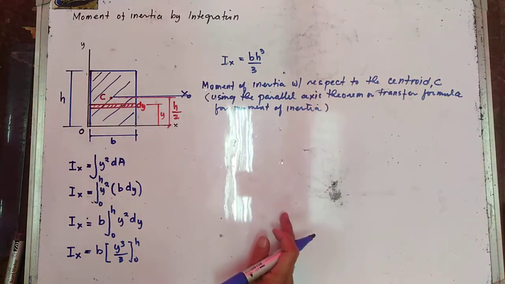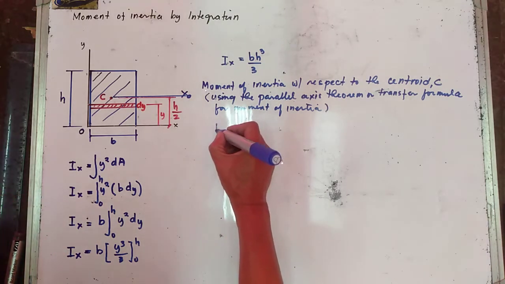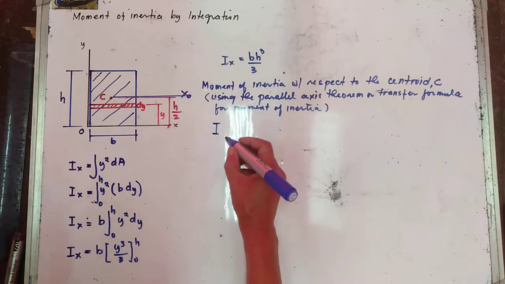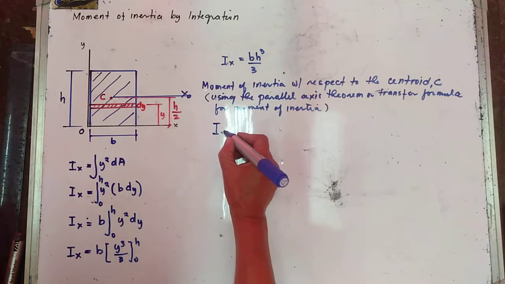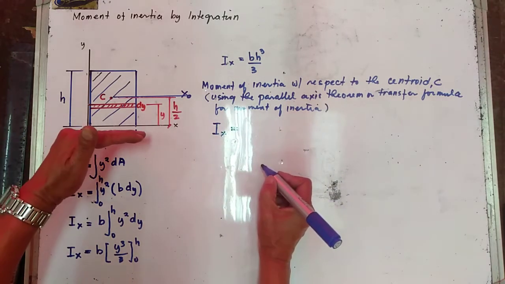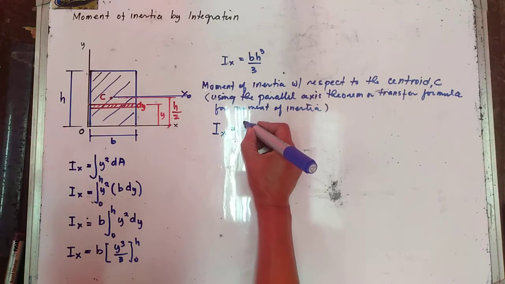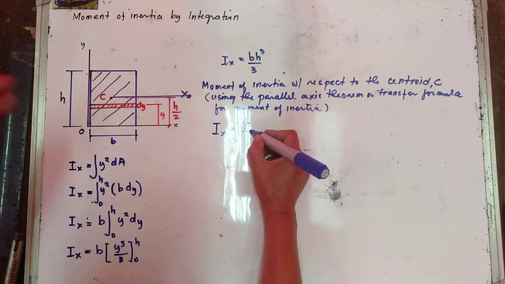So from the parallel axis theorem, or transfer formula for moment of inertia, the moment of inertia with respect to any axis x is now equal to the moment of inertia with respect to the centroid of that body.